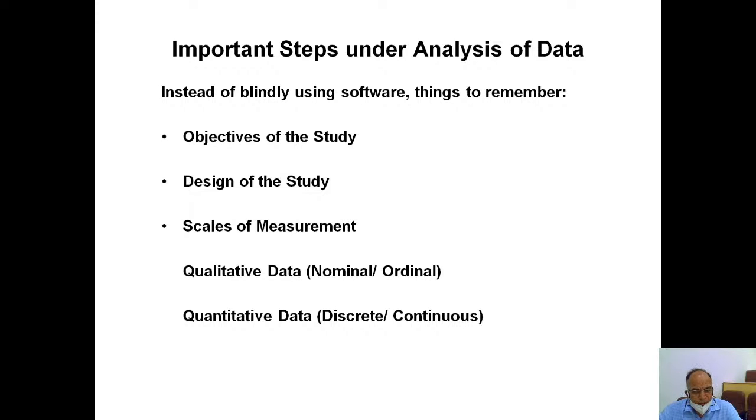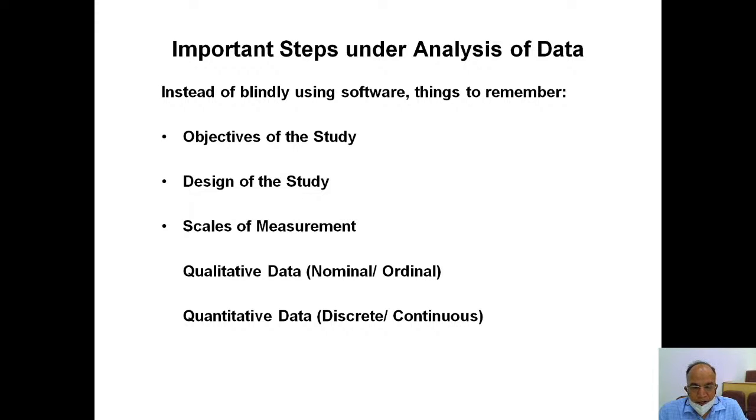Now another issue here is, every time, every lecture, we keep emphasizing the role of the scales of measurement. Like I told you in the previous lecture, our analytical method will rely on the scale of measurement of the outcome, whether it is dichotomous, a quantitative outcome or a time to event outcome.